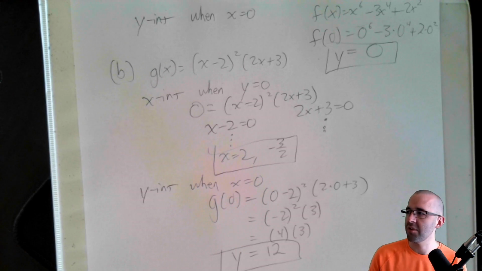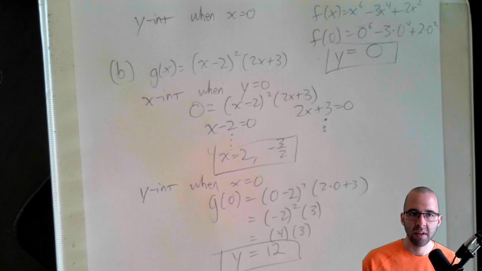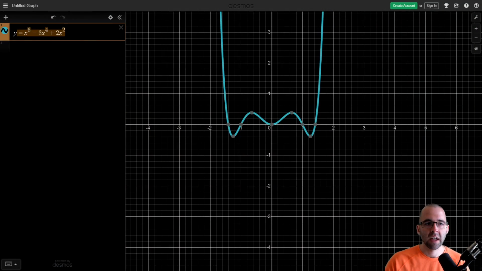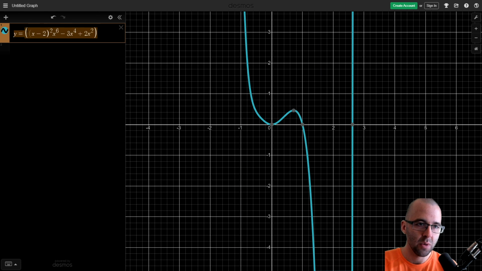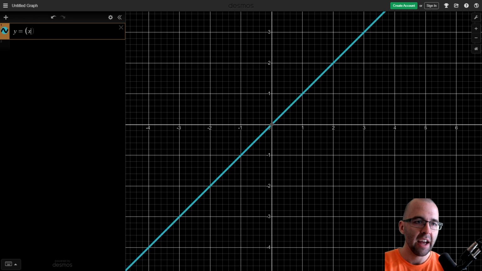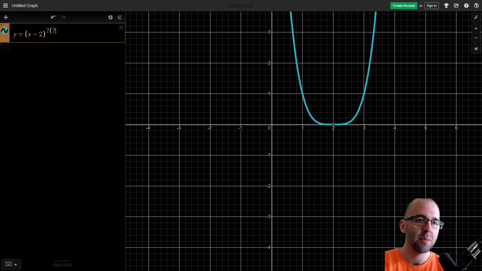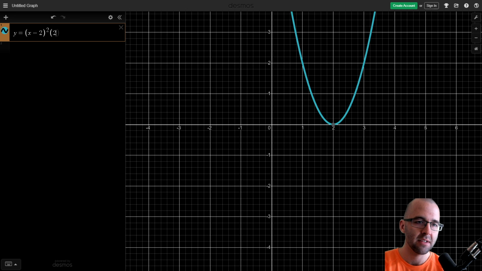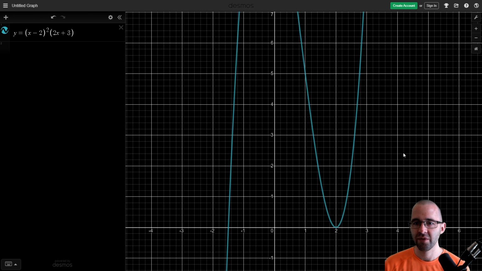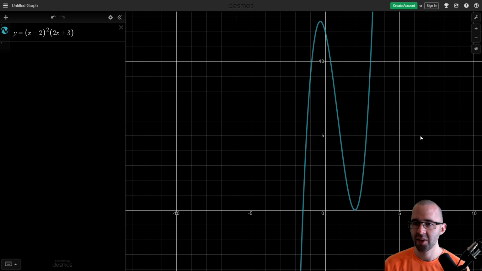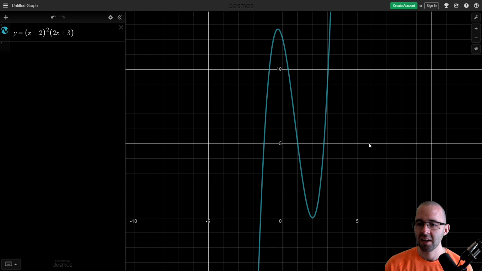So let's look at what the graph looks like for this one. Here now, we have x minus 2 squared times 2x plus 3. Oh man, this one's big. No, it's not that big. I was just super zoomed in. All right. So notice again, this is a cubic polynomial. The degree is 3, right? Because there's an x squared here and there's an x here.